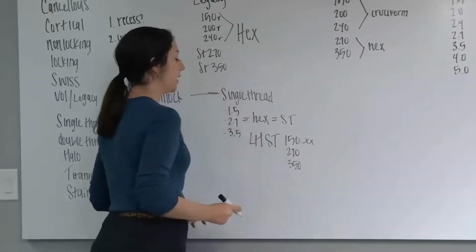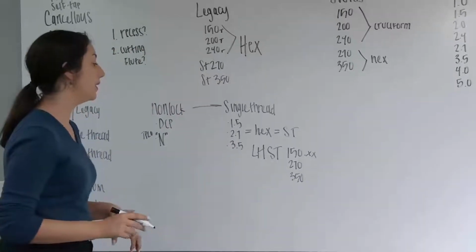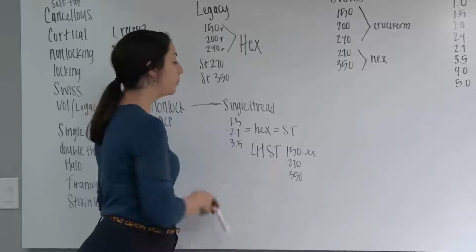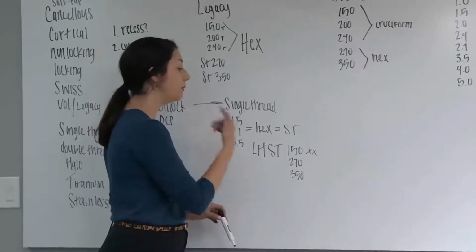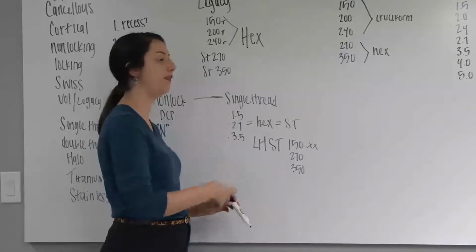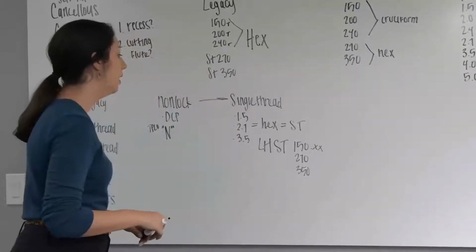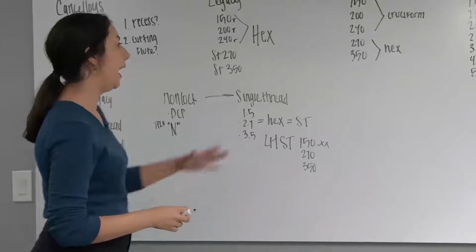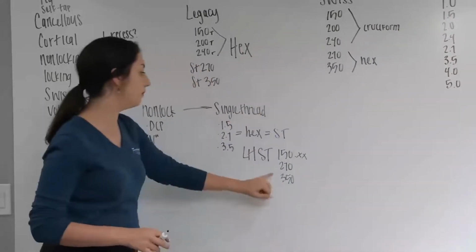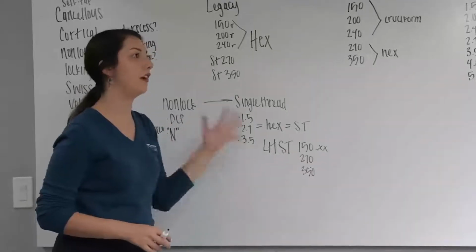The LHST is what defines this as a single threaded system. I believe it actually stands for locking head self-tapping, but I know that staff will say to themselves locking hex self-tapping to think about that recess and that it's only available in hex. A downside to this system is that out of a full range of availability of what we know can accommodate a patient, only 1.5, 2.7, and 3.5 are available to lock.